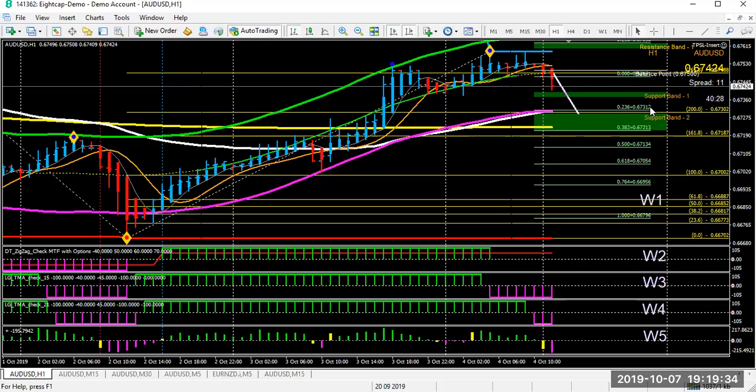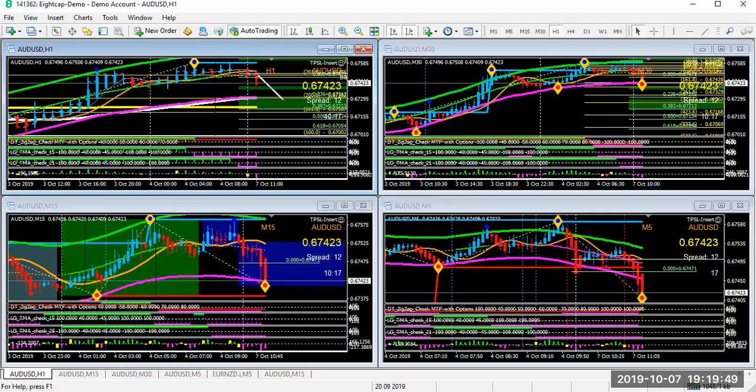So 312 can also be 0.0767250, which is every 25 pip interval that Aussie does have a liking for.